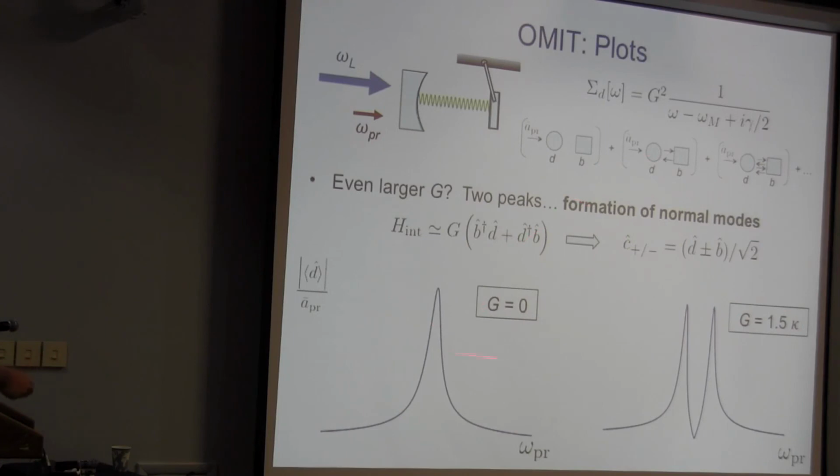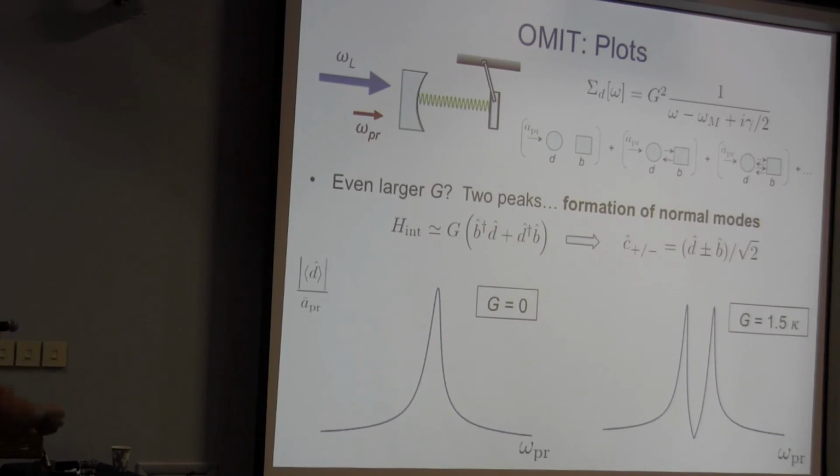If I'm driving the system like I am in this case, at this red detuned sideband, where basically photons and phonons have exactly the same frequency, well then the interaction that I have to worry about is just a simple interaction here, right? A Hamiltonian we could all diagonalize. I'm going to get new normal modes for the system, right? Normal modes that are linear combinations of a photon plus or minus a phonon. And those normal modes will be just split by twice this interaction constant G.